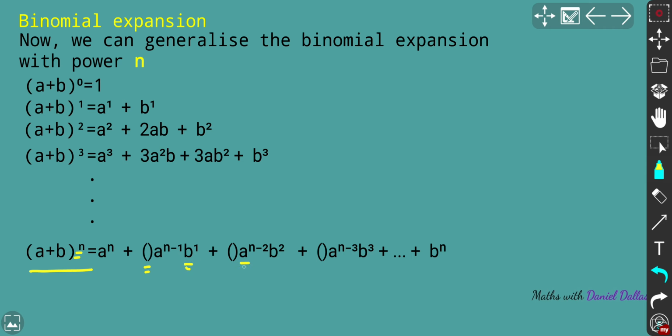So that's how you can get the logic for the following terms and the sequence. And the last term is going to be b to the maximum power n. So the idea now is how to properly figure out the coefficient.